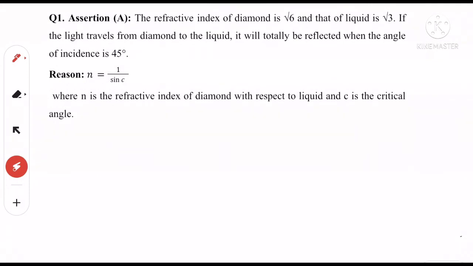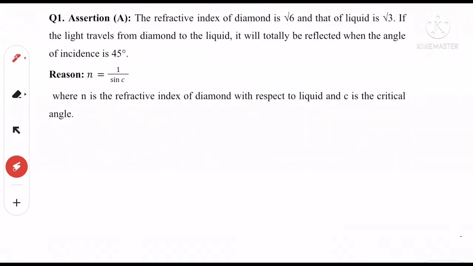And the reason is given: refractive index n is equal to 1 upon sin c, where n is the refractive index of diamond with respect to liquid and c is the critical angle. So now we have to check whether the assertion is true or not first, and then the reason.